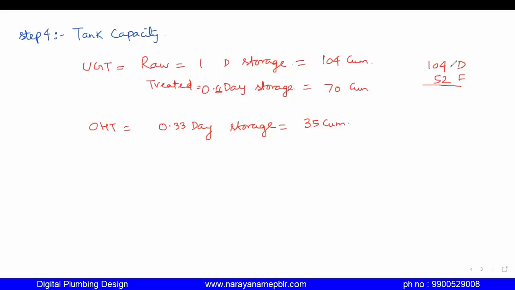So it will be 156. So now we'll find the STP capacity. Same step number 4, part 1 is this. Part 2 is STP capacity.